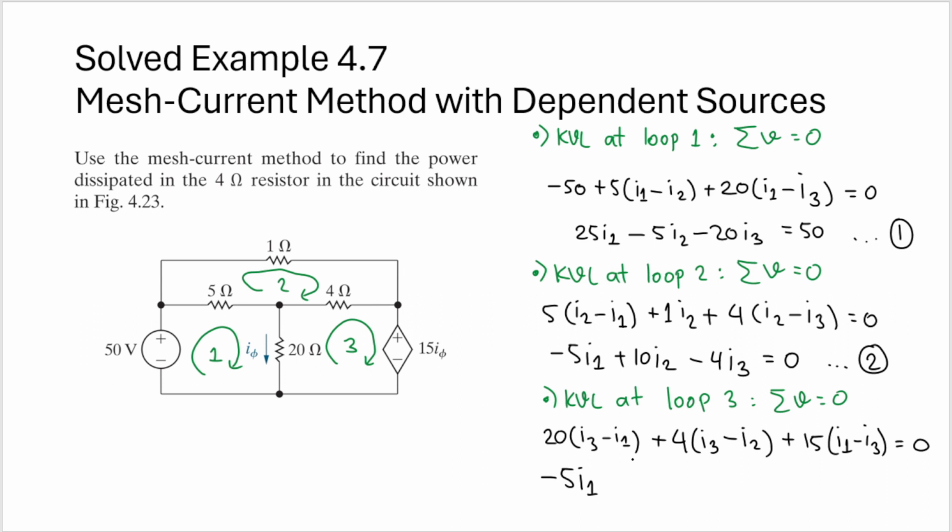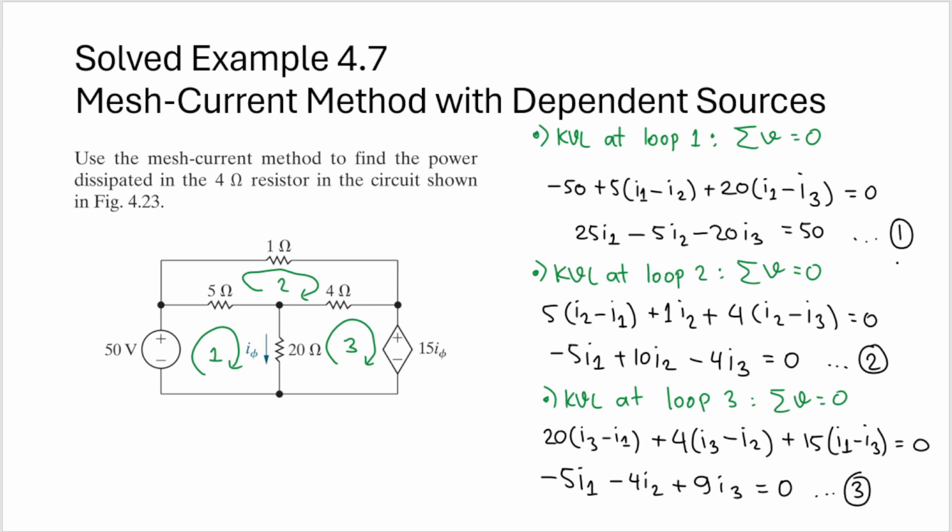I2 only comes from here, so we'll have minus 4 I2. And then for I3 I will have 24 minus 15, that will be 9, so I'll have plus 9 I3. All of that will equal 0. That is equation number 3.